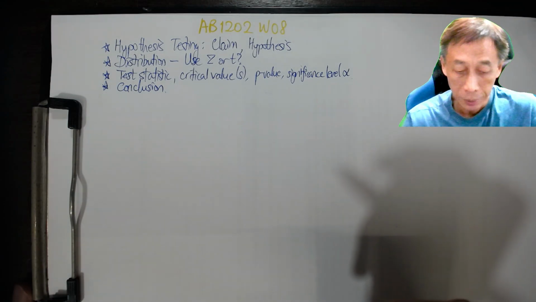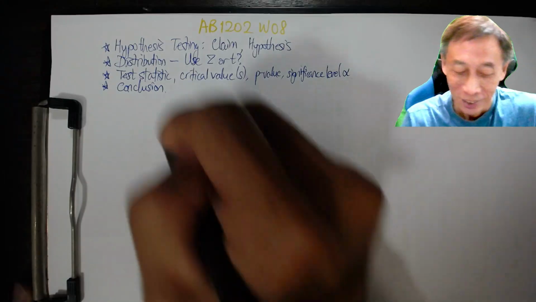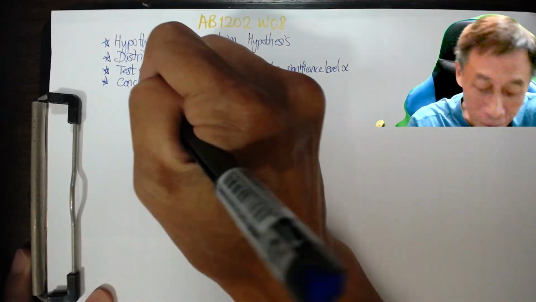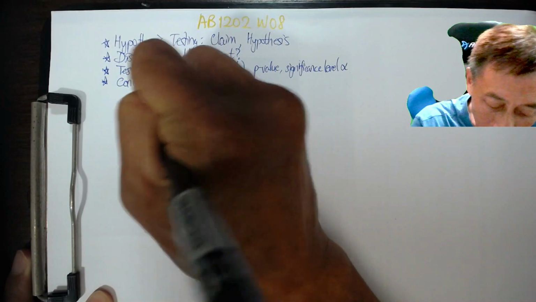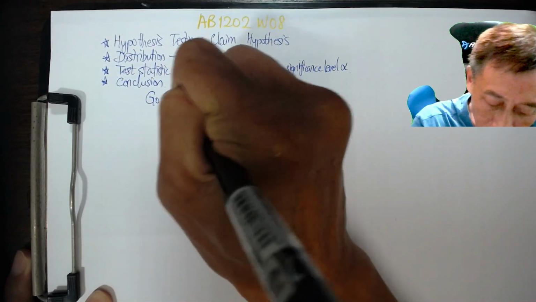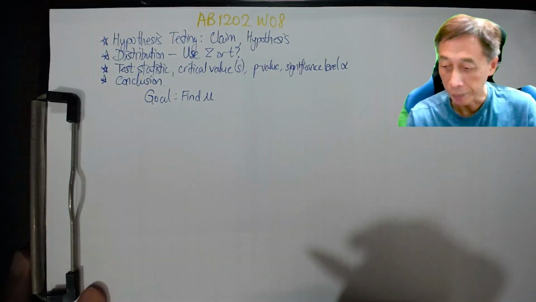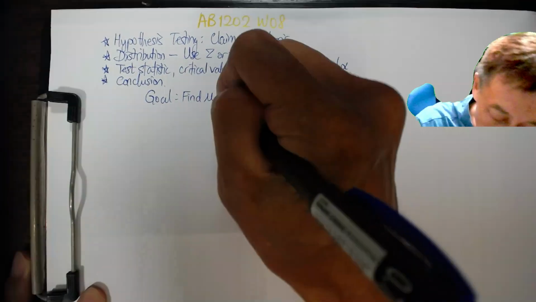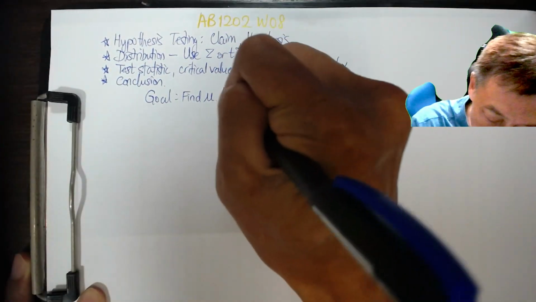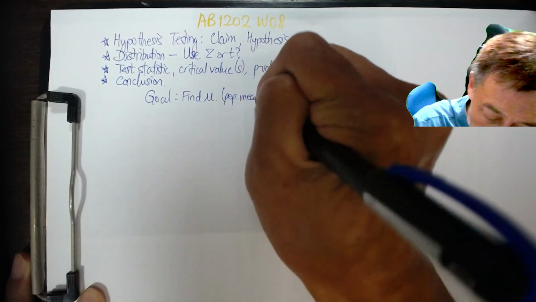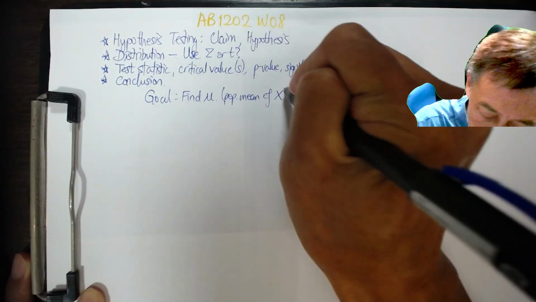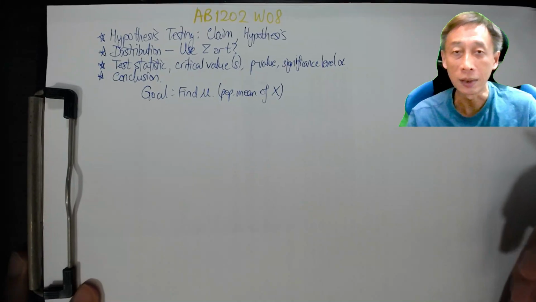And let's get started. The goal, remember, is that we want to find mu, the population mean, yeah? And let's just put a bracket here, the population mean of X, the random variable X. X can be anything.